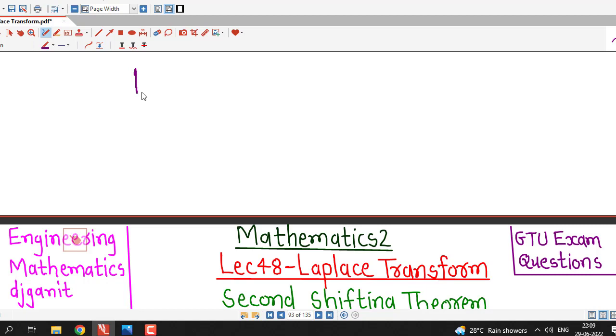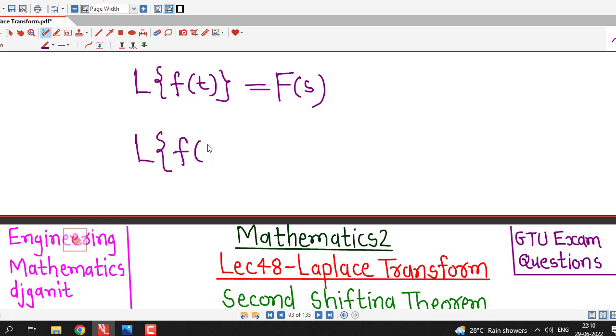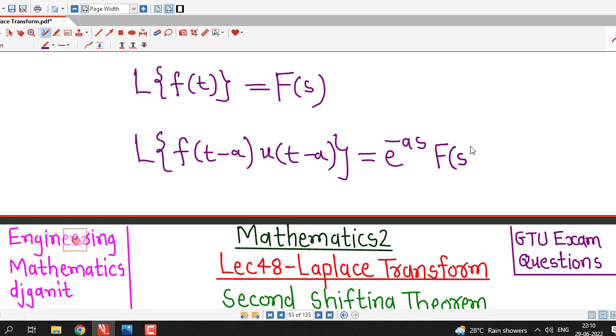It says that suppose the Laplace transform of f of t is capital F of s, then the Laplace transform of the function f of t minus a times u of t minus a is equal to e raised to minus as times capital F of s.